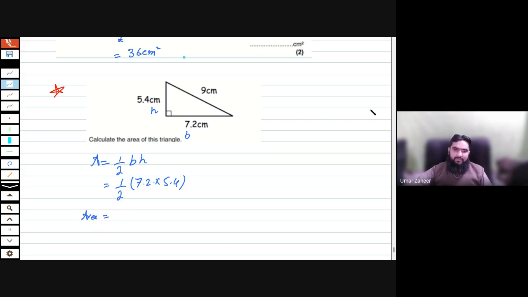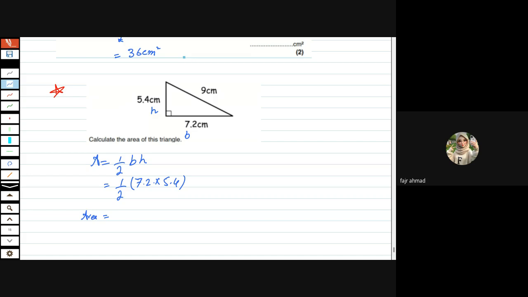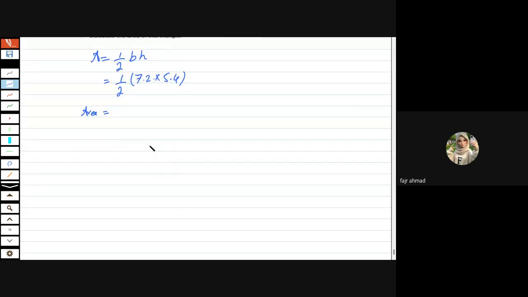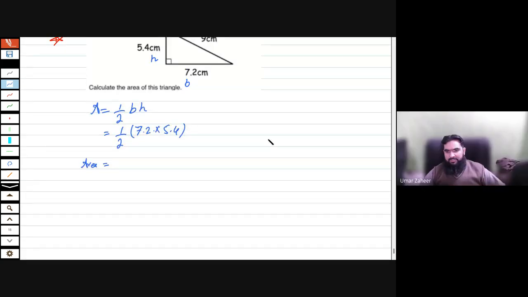That will be equal to 19.44 centimeter square. All right, again.